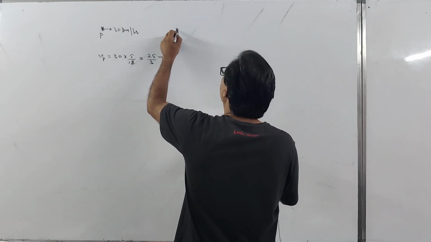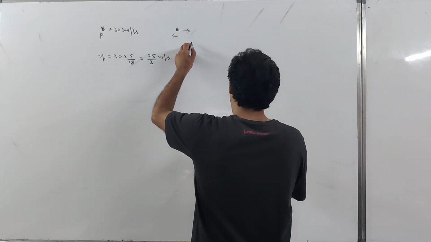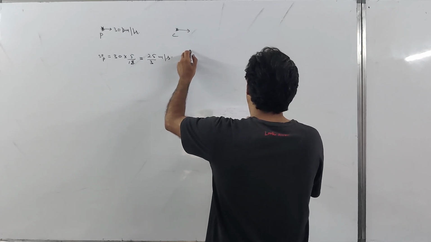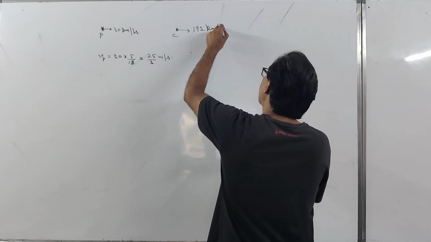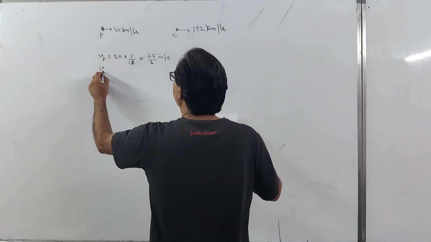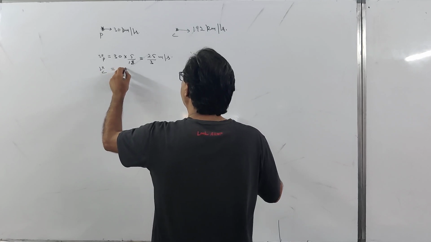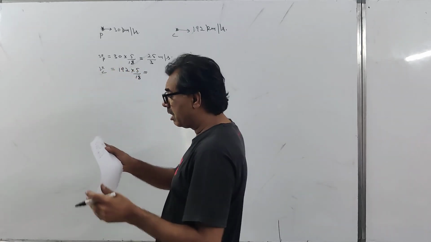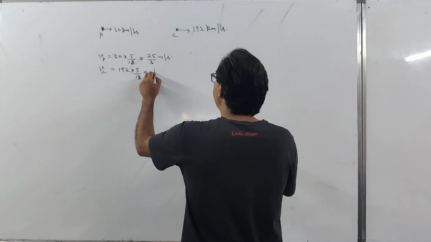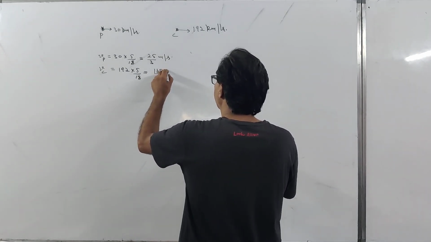And there is a car going here at the rate of 192 kilometers per hour. The velocity of the car is 192 into 5 by 18. I have done this calculation beforehand, okay? Which is 160 by 3 meters per second.